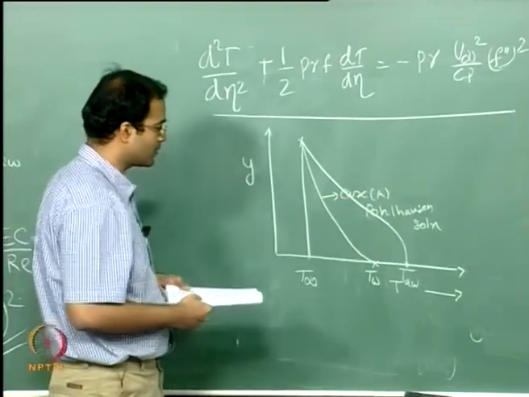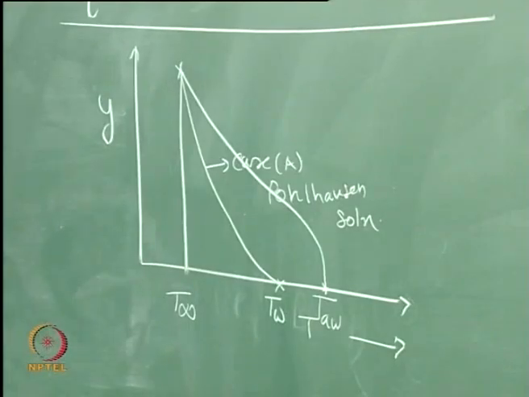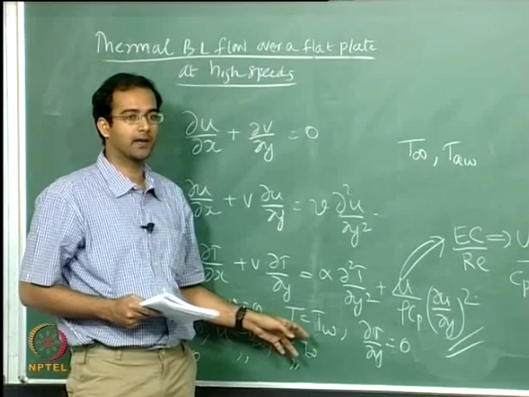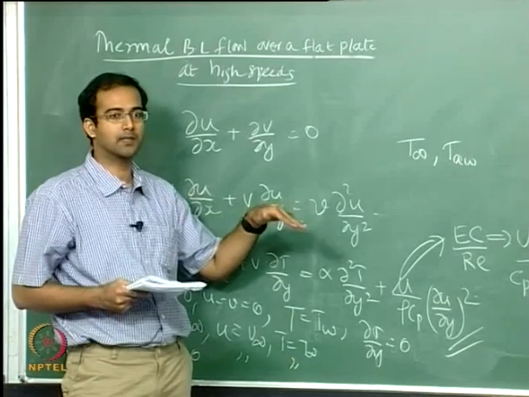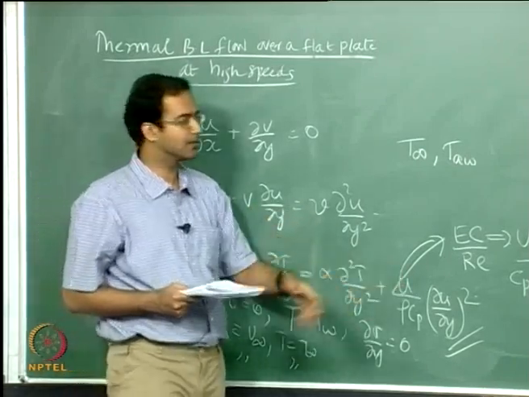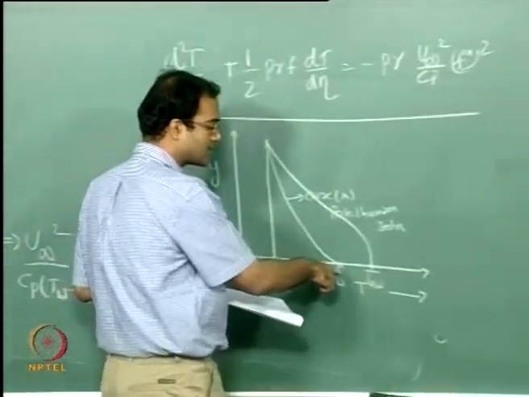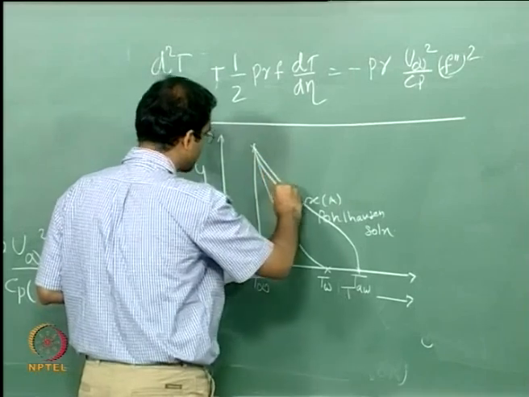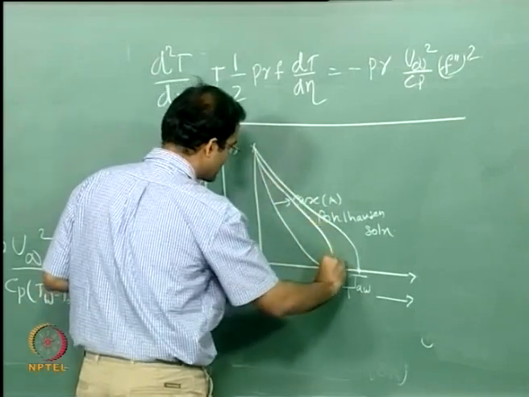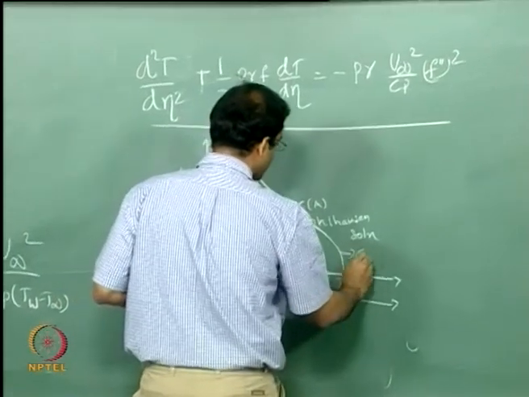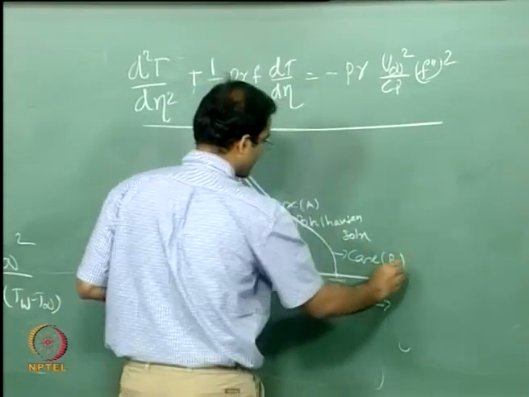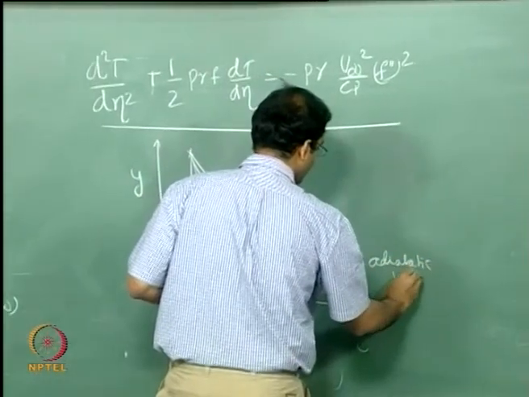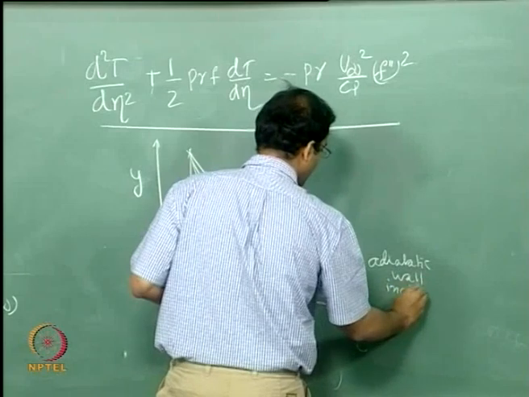Now if you have a combined case, the case that we are looking at here has both solutions, which you can linearly combine. You have a constant wall temperature but you also have viscous dissipation, so it has to forcibly return to this wall temperature, which is a boundary condition, but it will go through a process something like this. So this is your case B, the adiabatic wall including viscous dissipation.